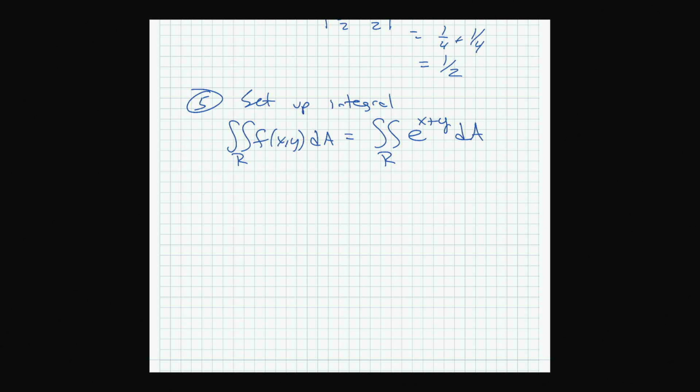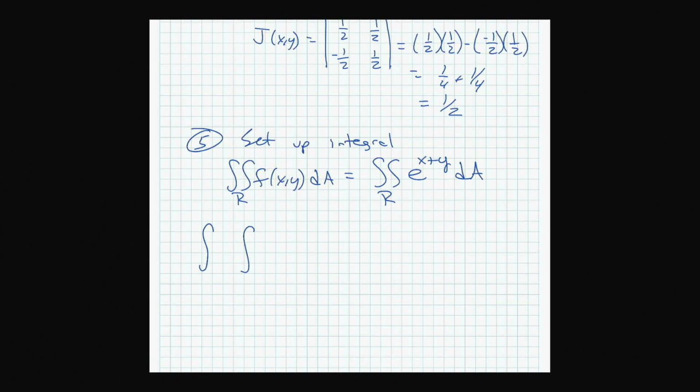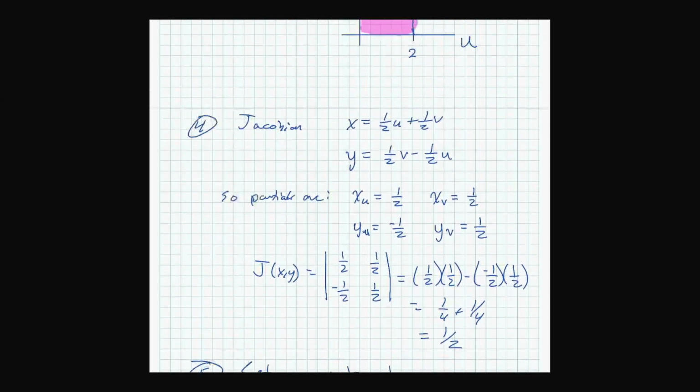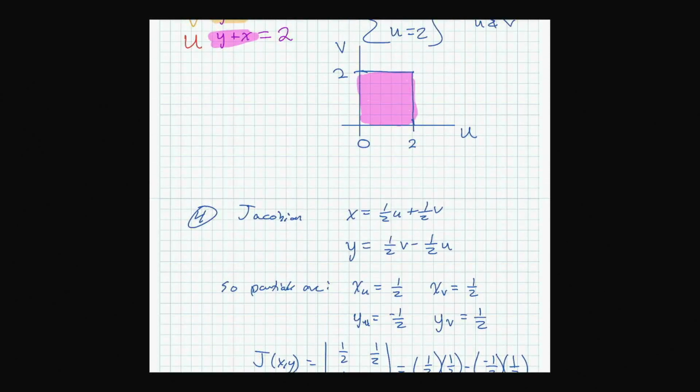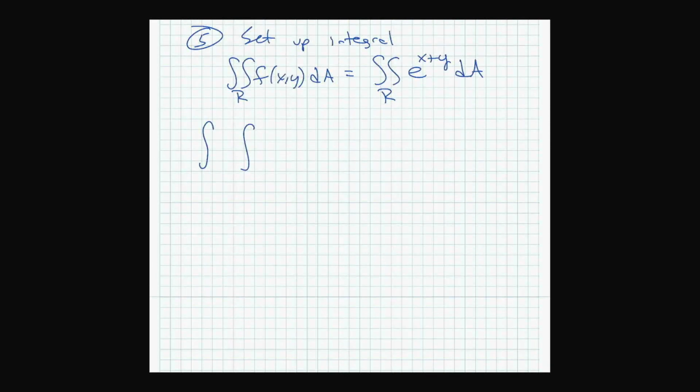First of all, we have bounds for u and v. They are 0 and 2 and 0 and 2. We'll call the region S in UV, such that u is between 0 and 2, v is between 0 and 2.